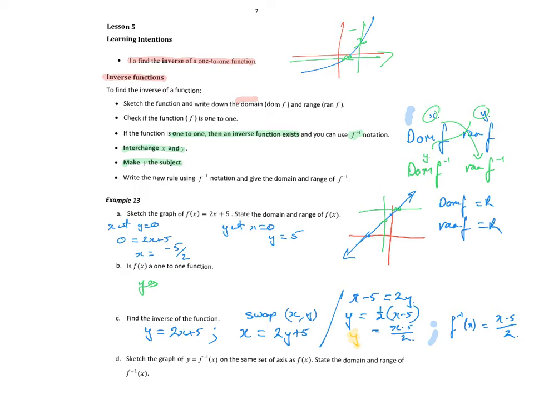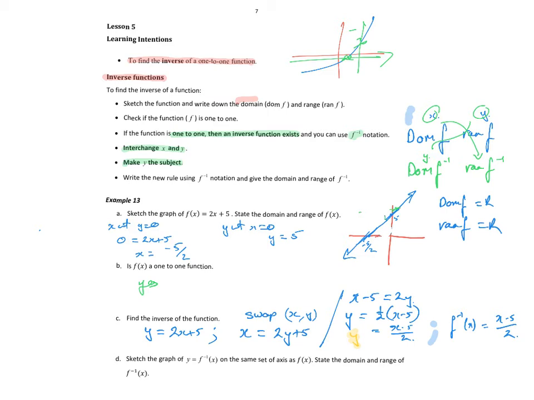It says to sketch the graph of y equals f inverse of x on the same set of axes as f and state the domain and range of the inverse. First things first, I might rub out that green line. So that point there was negative 5 on 2, and that point there is 5.